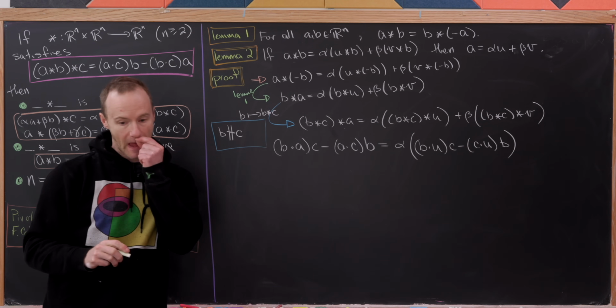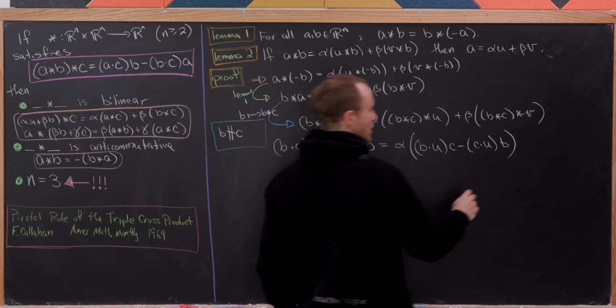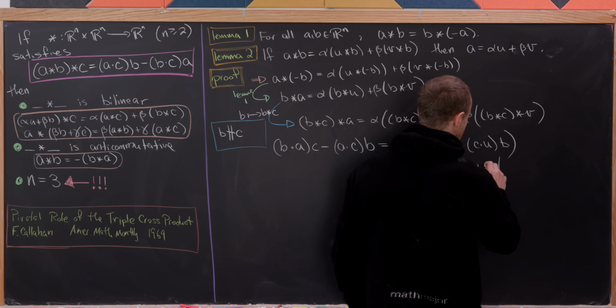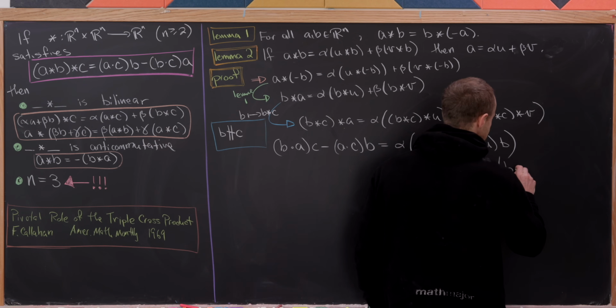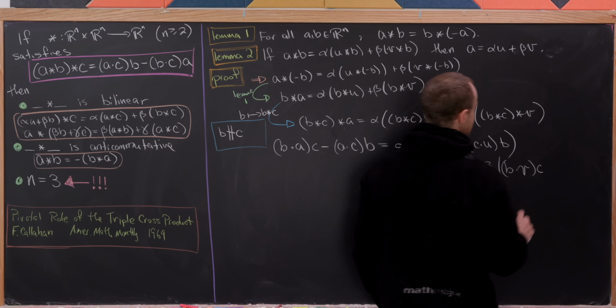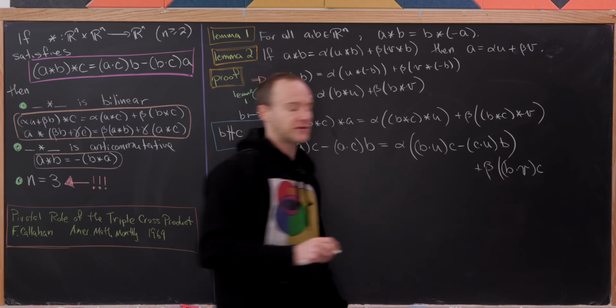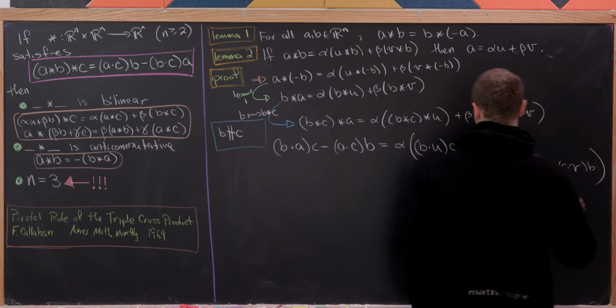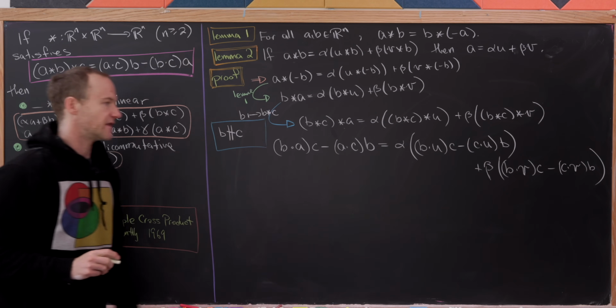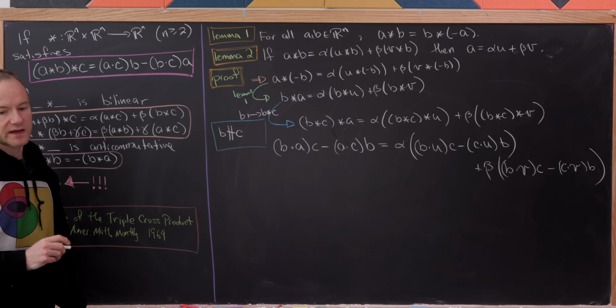And then we'll have a beta term as well, so plus beta times B dot V in the C direction, and after that, minus C dot V in the B direction. Okay, nice.